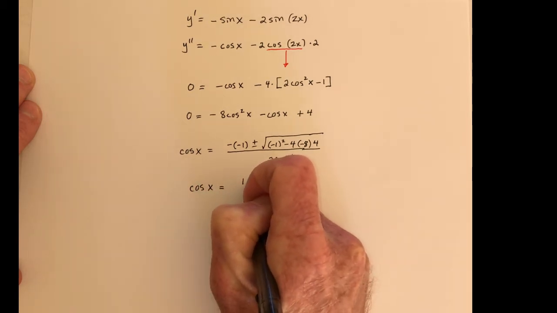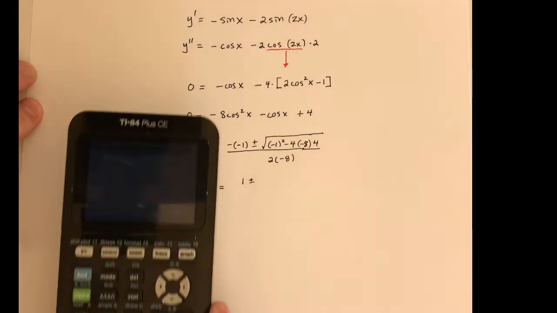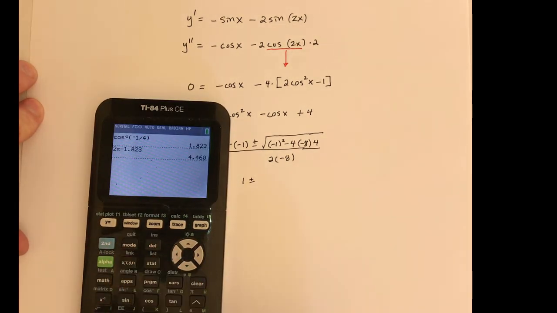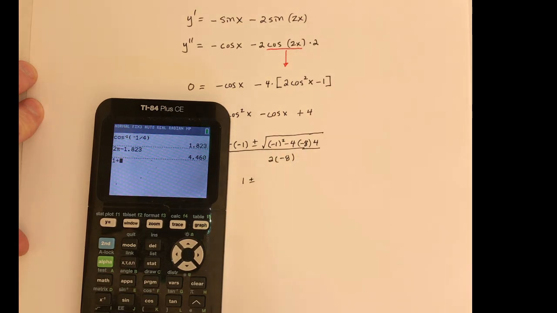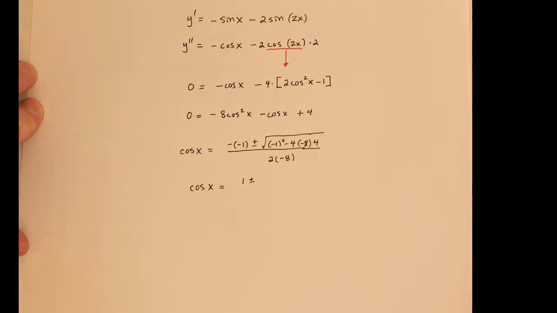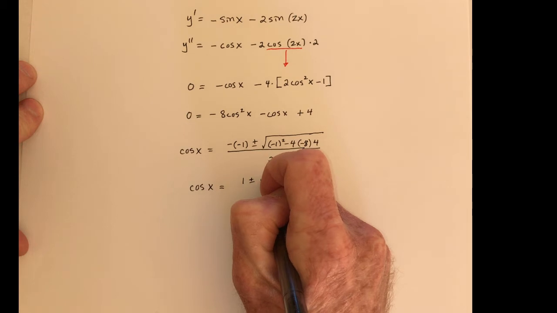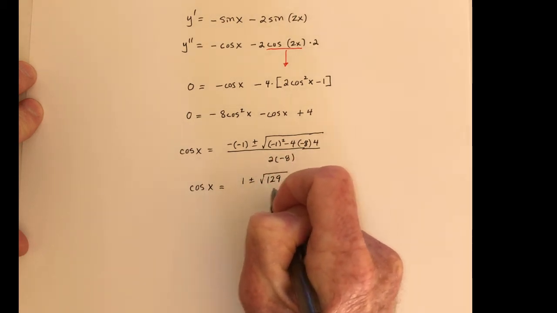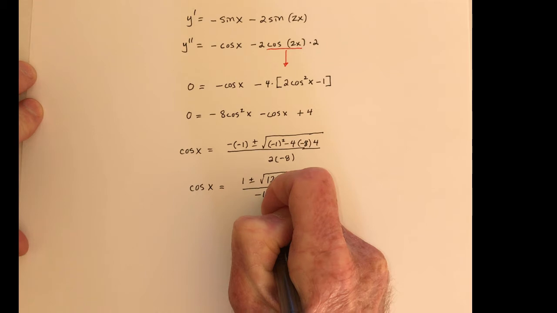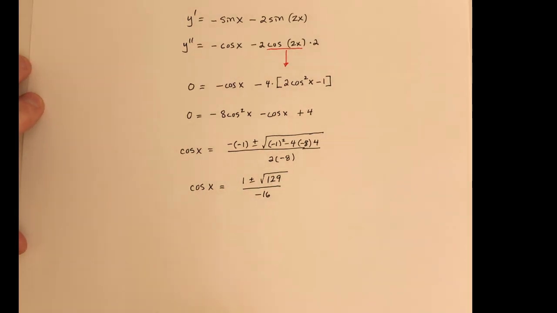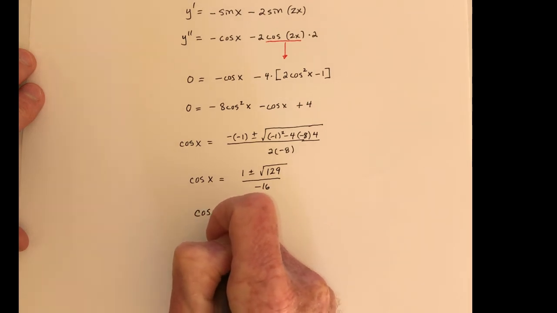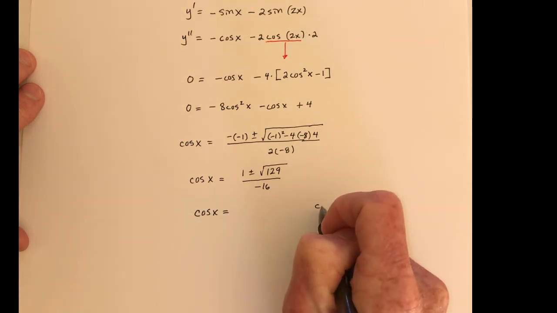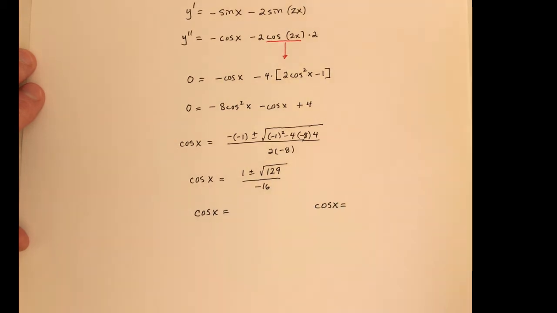So this is going to be 1 plus or minus, and then, so that's a 1, and then this would be negative negative is positive, so 1 plus 4 times 8 times 4, 129. So it's the square root of 129. And then divided by negative 16. So that's going to give us 2 possibilities because of the plus or the minus. So cosine of x equals something, cosine of x equals something else.